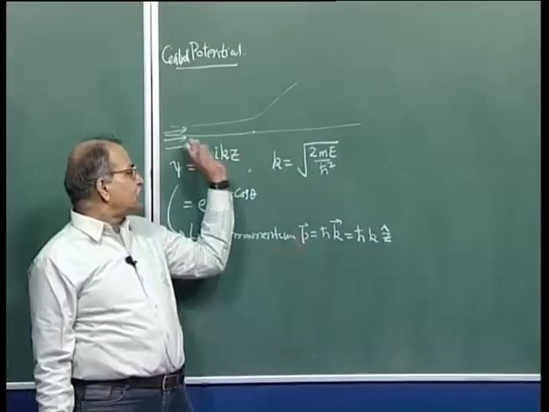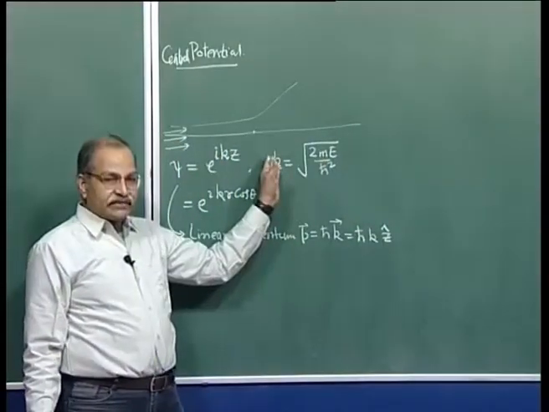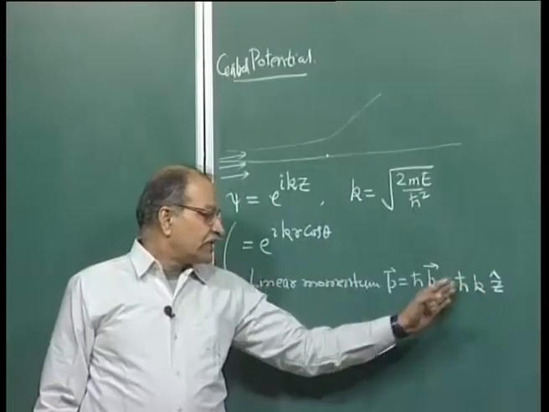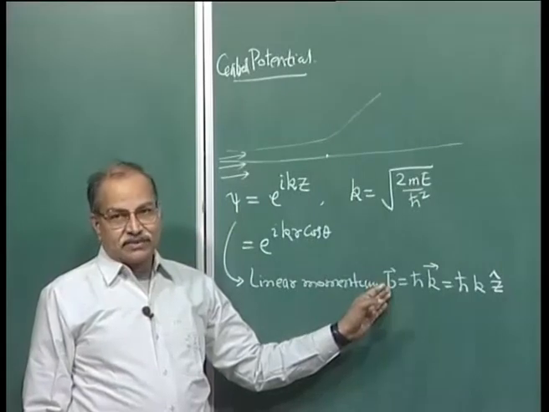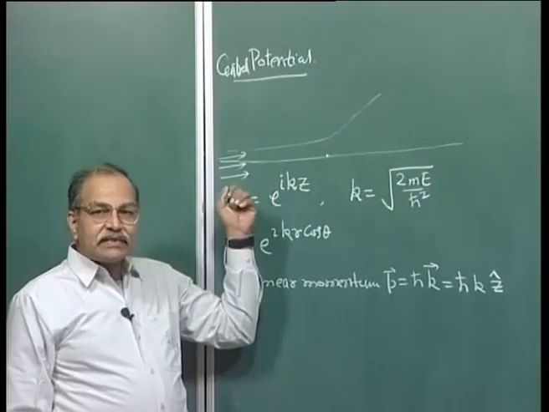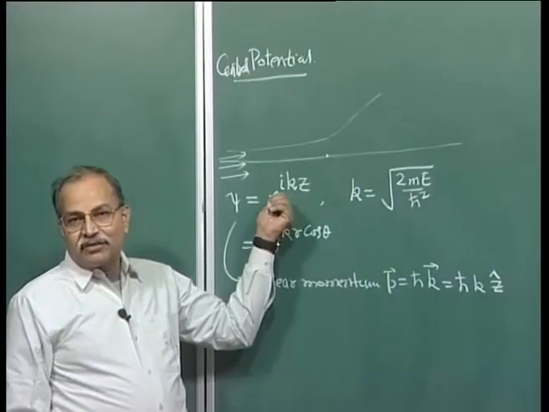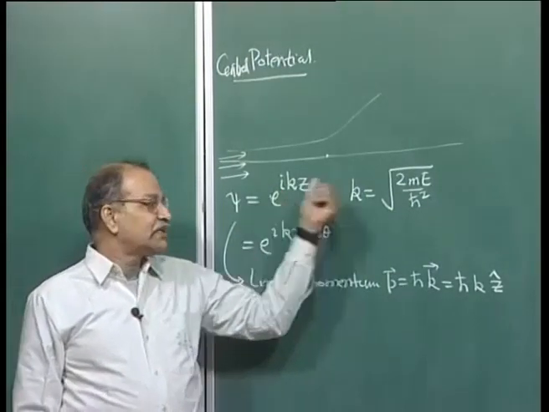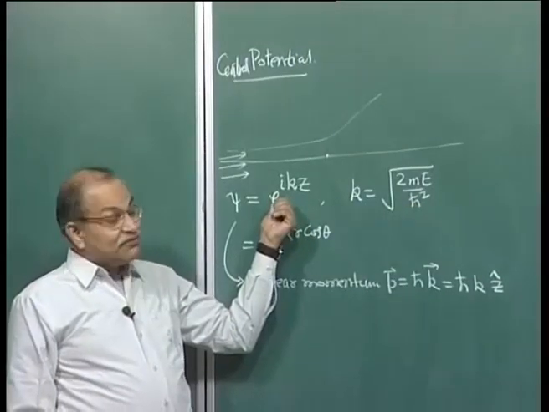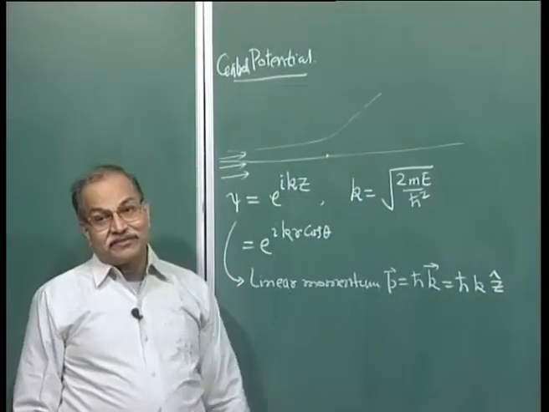So, if the energy is fixed, this k also gets fixed, and if this k gets fixed, then h cross k, that means the linear momentum, is also fixed. So, if you write the wave function in this form, it is a simultaneous eigenfunction of the Hamiltonian, because energy is fixed, and of the linear momentum operator, because the linear momentum is also fixed.